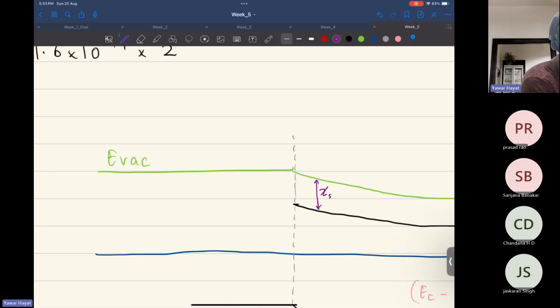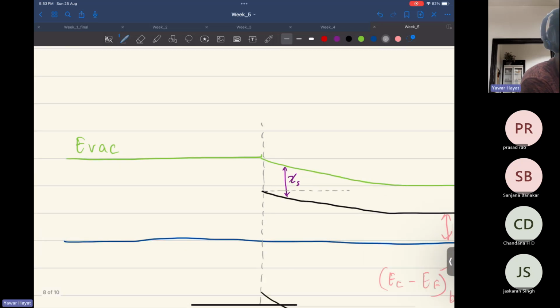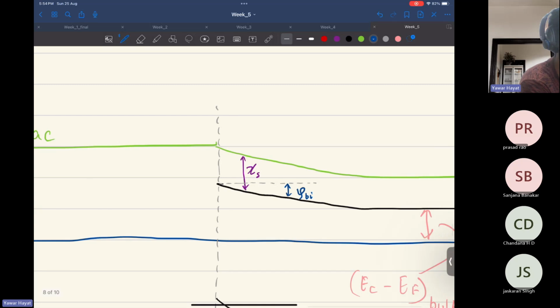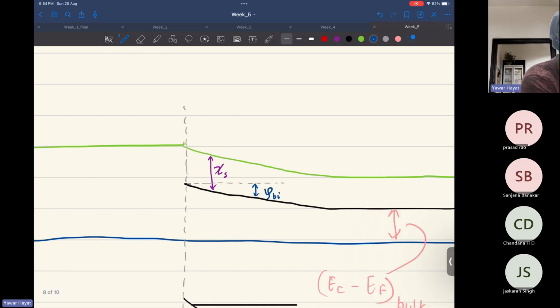I'll write this as phi BI, and work function phi s is also given.